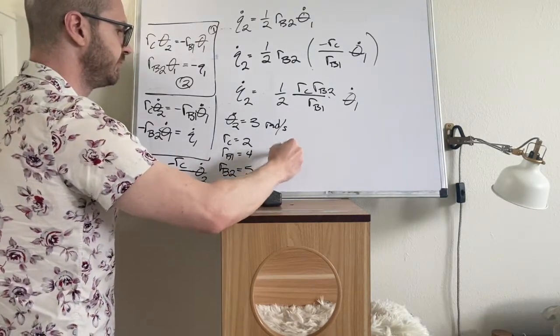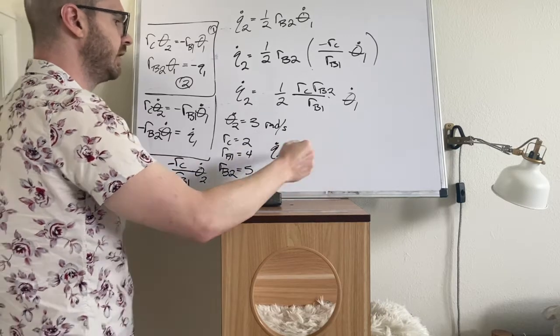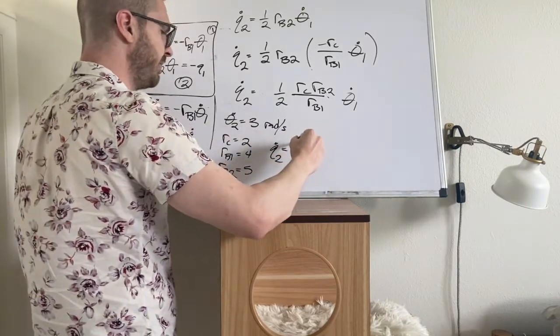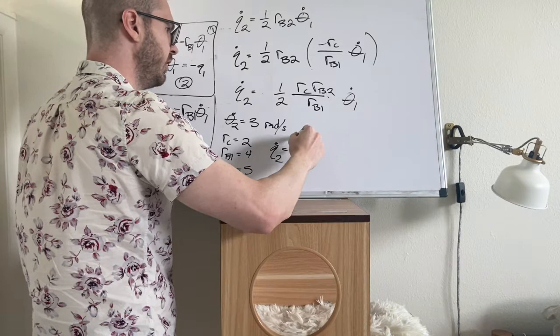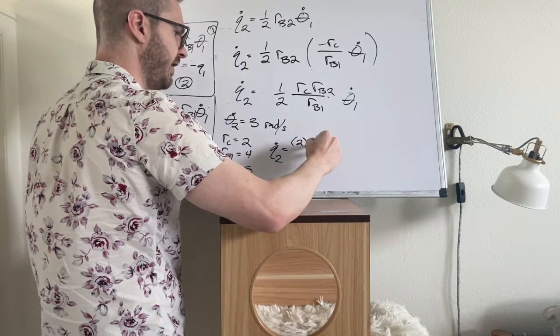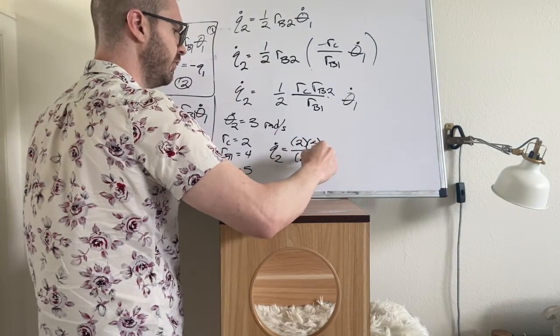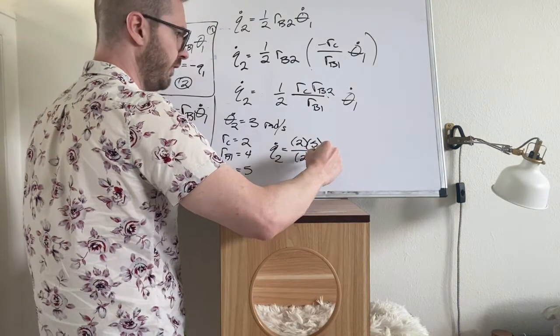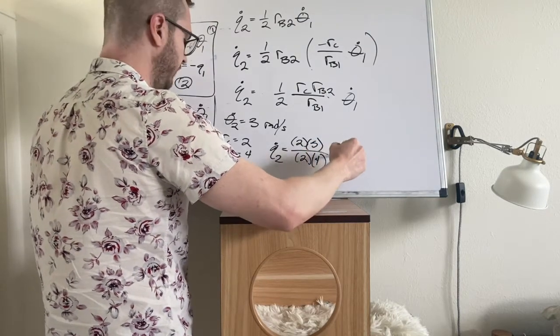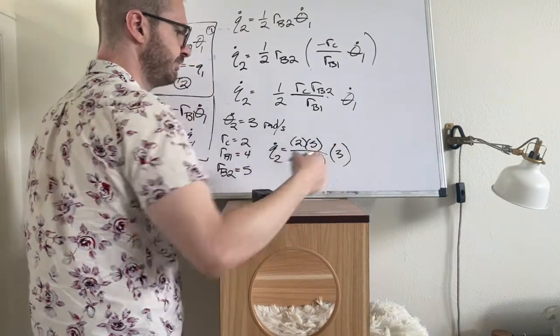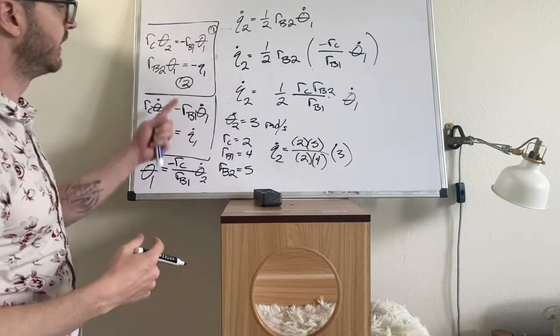Q2 dot is going to equal, and you literally just come in here and put the math in at the end. So 2 multiplied by 5 divided by 2 multiplied by 4 multiplied by 3. That's literally it.